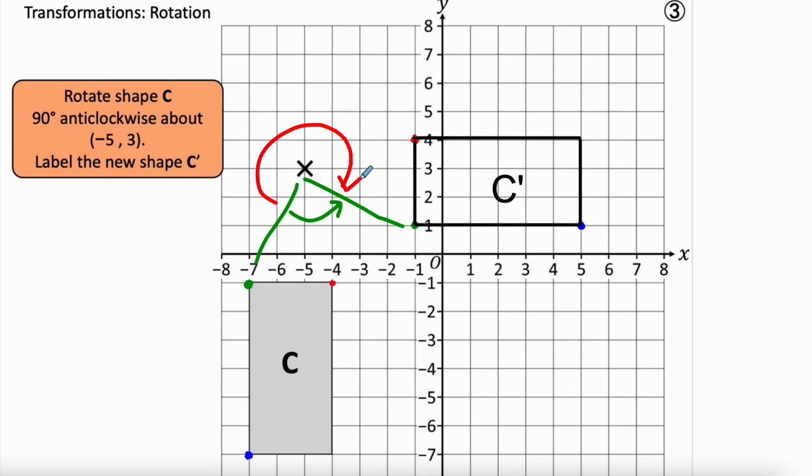So if you rotate 90 degrees anti-clockwise, it will be the same as rotating 270 degrees clockwise. Okay, so again repeating, 90 degrees anti-clockwise is the same as 270 degrees in the clockwise direction.